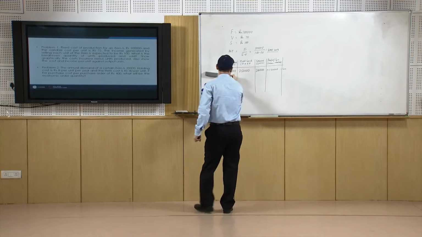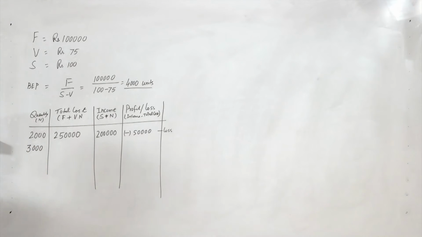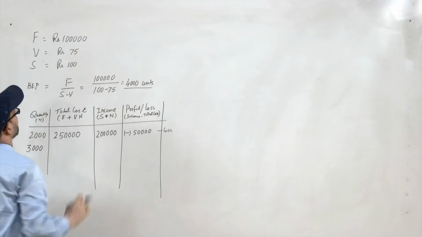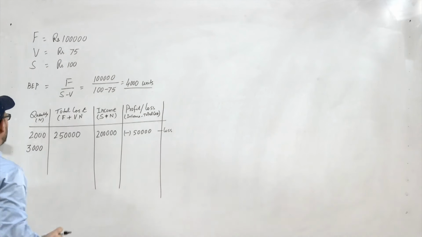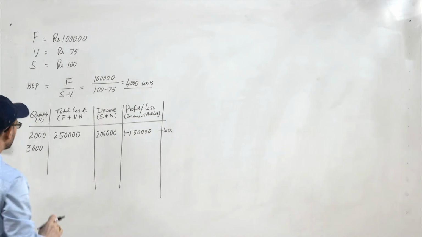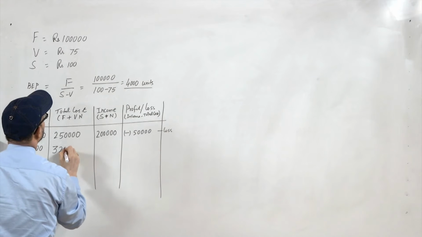If we take it to 3000, the total cost will be F plus V into N, 1 lakh plus 75 into 3000. So, it will be 3 lakh 25,000.